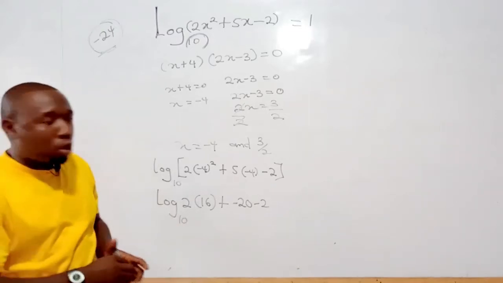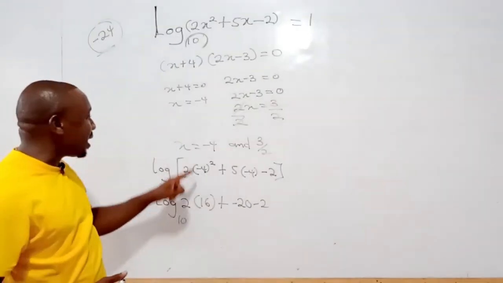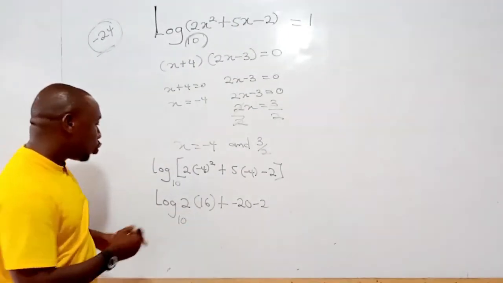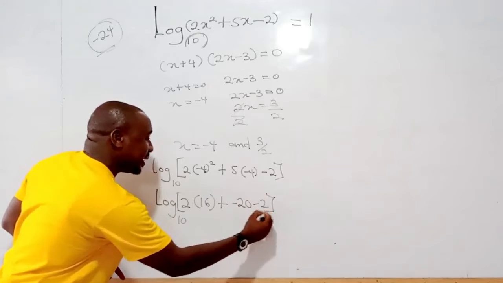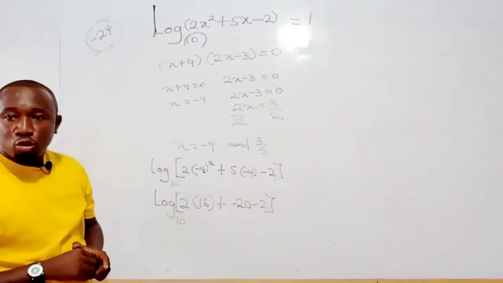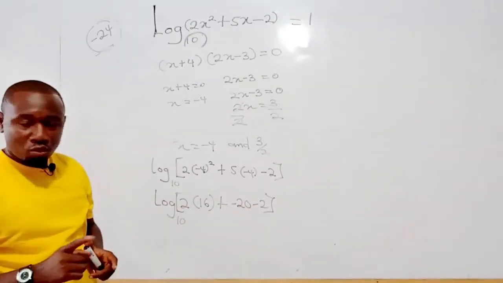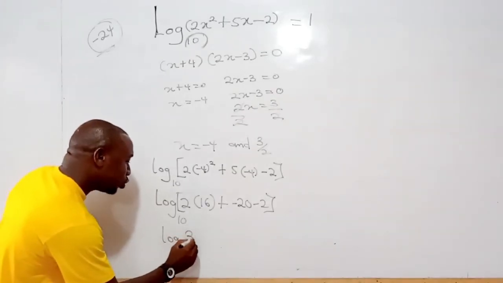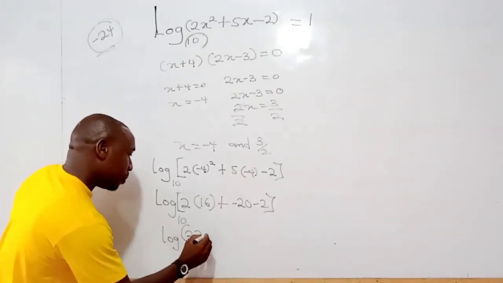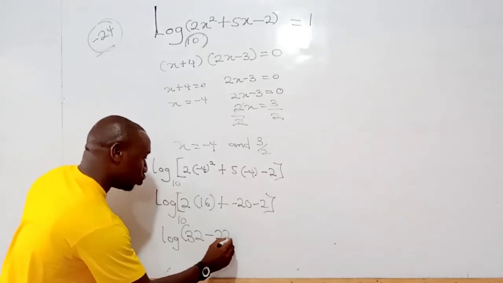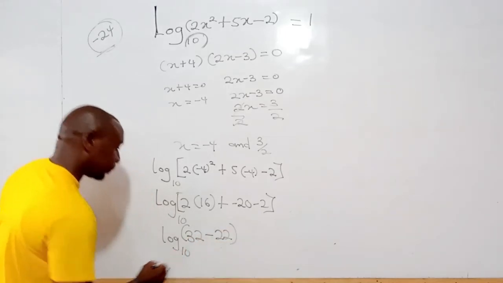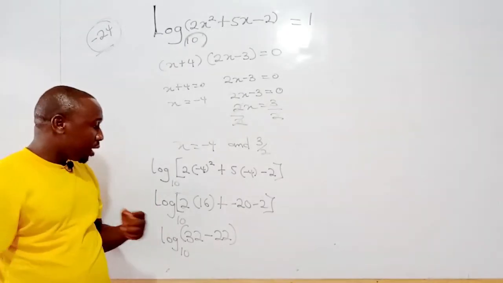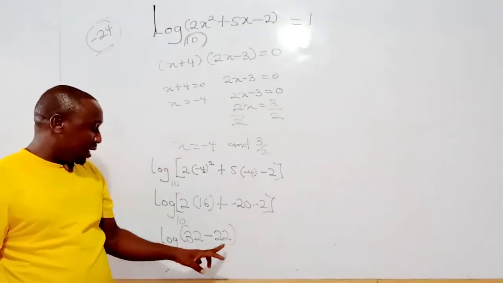In fact, we are working towards something. We want to find out whether, when x is negative 4, we'll be getting positive 1. 2 times 16 is 32, and this will give us log of 32 minus 22 to the base 10, because negative 20 minus 2 is negative 22.